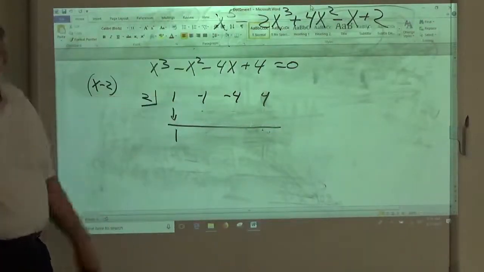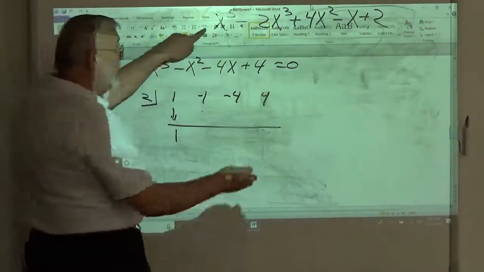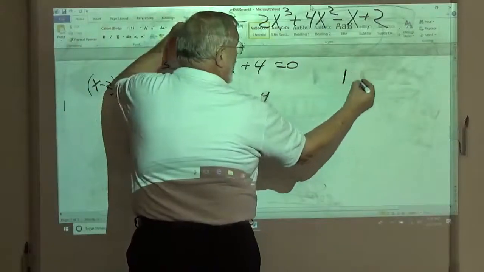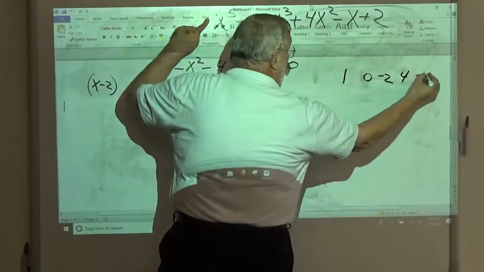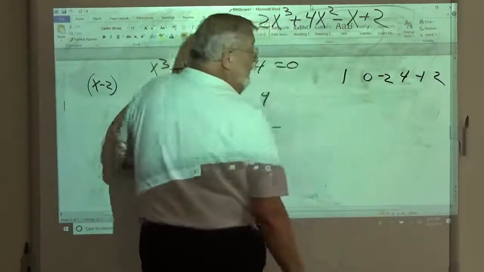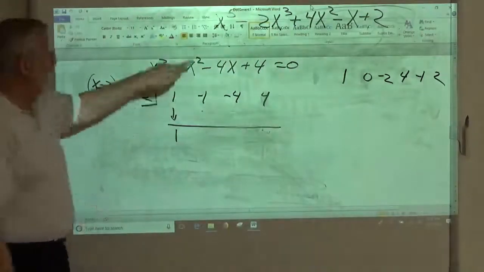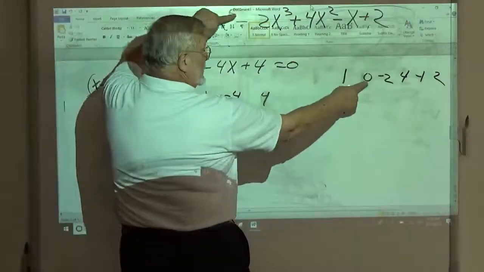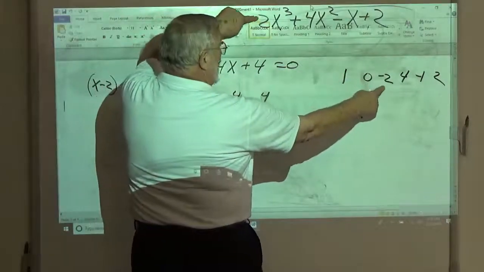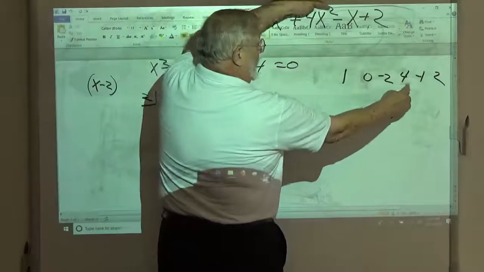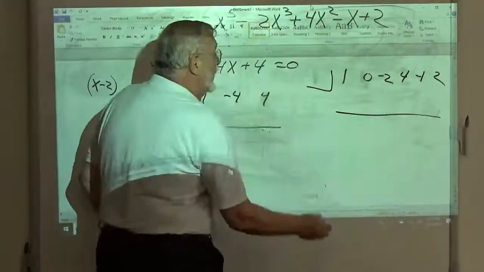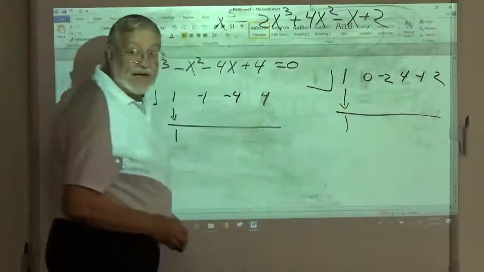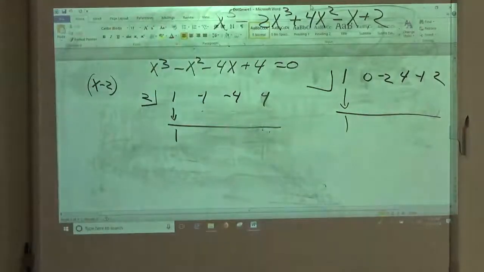You see that x to the 4th is missing? So my numbers would be 1, 0 for the x fourth, -2, 4, -1, and 2, and then whatever I'm dividing by, we'll set up like that. Okay, good question.